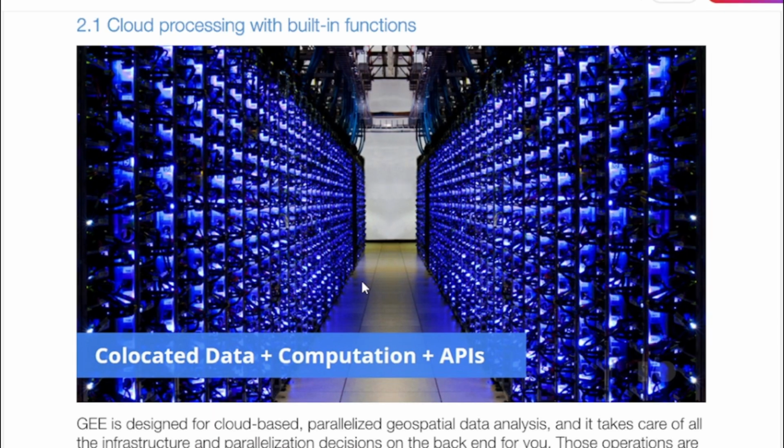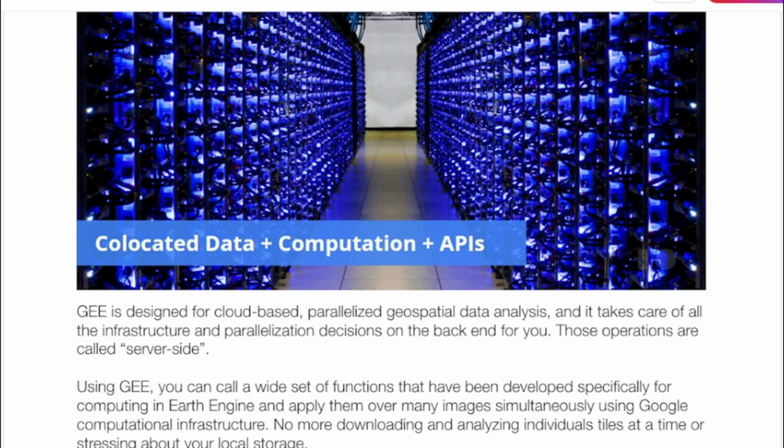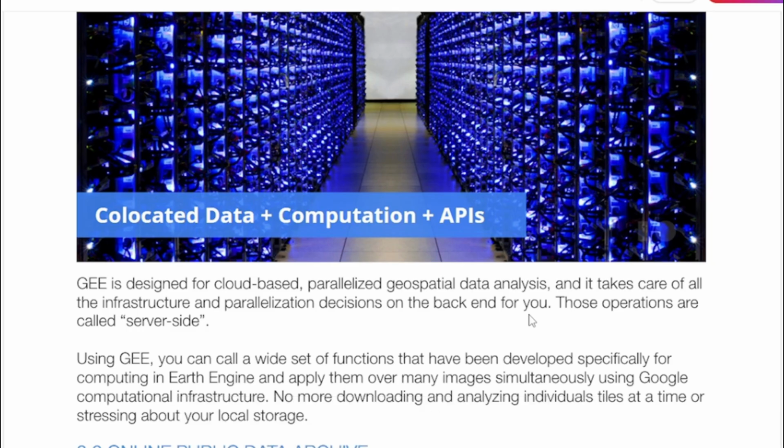So GEE is designed for cloud-based, parallelized geospatial data analysis. That means it is similar to other geospatial data processing, but the only difference is that you can find everything within one platform, and it takes care of all the infrastructure and parallelization decisions on the back end for you.